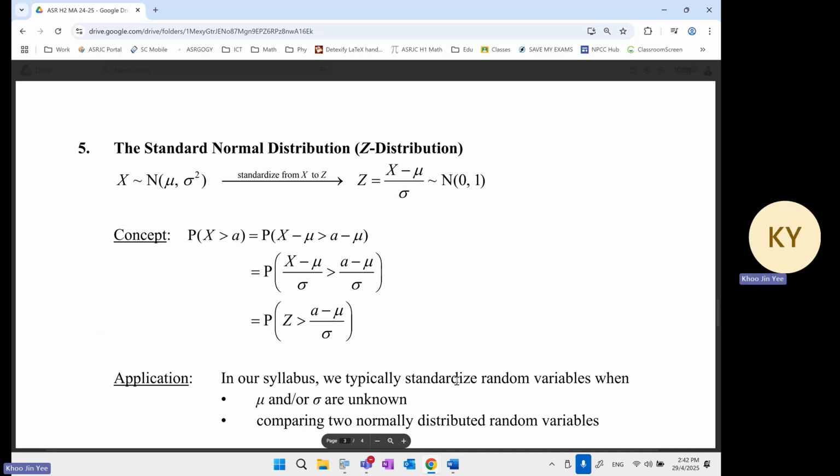When you want to compare performance, it will be good to compare to a standardized performance. So we transform the mean and the variance of the original bell to become 0 and 1. From the original mean and variance, we standardize to become mean equals 0 and variance equals 1.